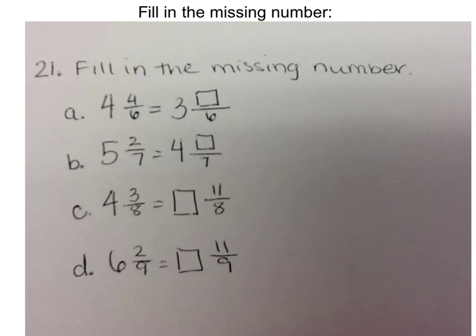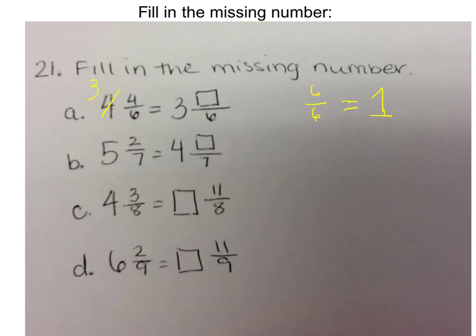I know that if I had to take away, just like when we do subtraction, if I took away 1 whole and I was left with 3, I need to figure out where that 6/6 went, because remember that equals 1.